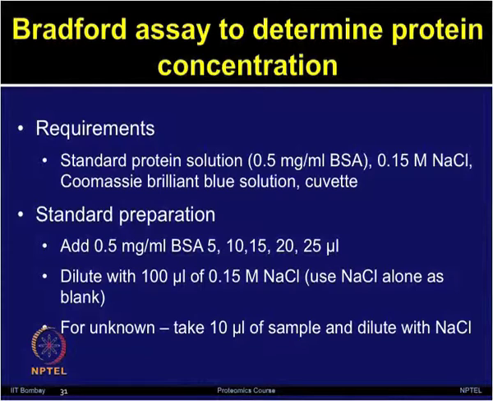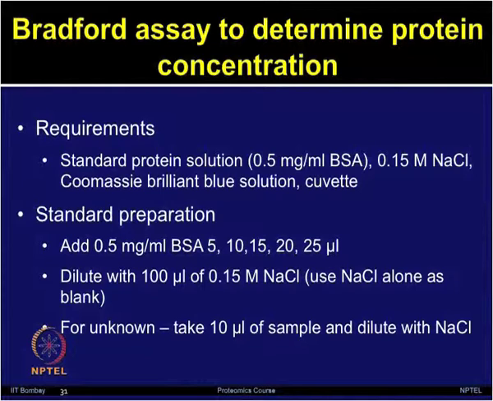For the standard preparation, you can take BSA and add different amounts of this: 5, 10, 15, 20, 25 microliters, or you can go even more in the standard preparation series. Then dilute the sample with 0.15 molar sodium chloride and make the total volume up to 100 microliters.